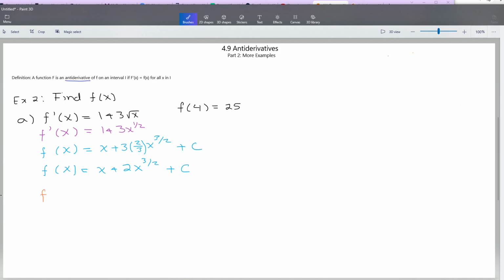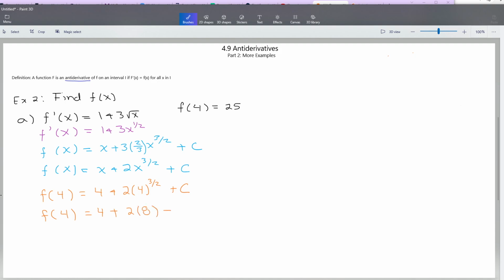So let's look at this. f of 4 equals 4 plus 2 times 4 to the 3/2 power plus c. Now we do want to evaluate 4 to the 3/2 power. So the square root of 4 is 2, and 2 cubed is 8.